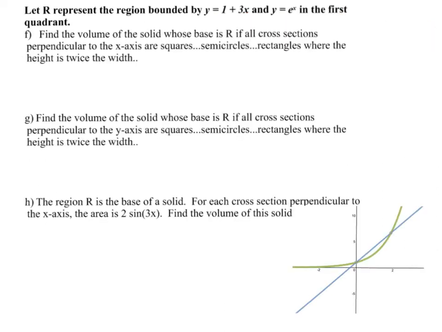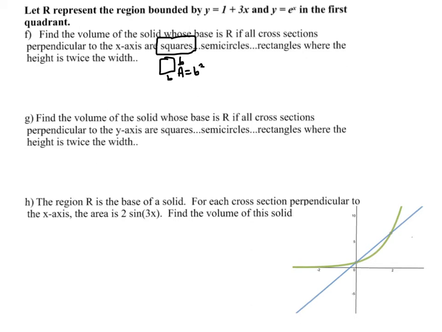So same functions, but this time we're going to talk about cross sections. Okay, so let me start drawing on this. If I think about squares, a square is base times base, so the area is base squared.